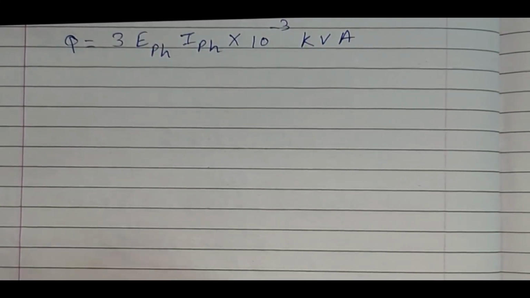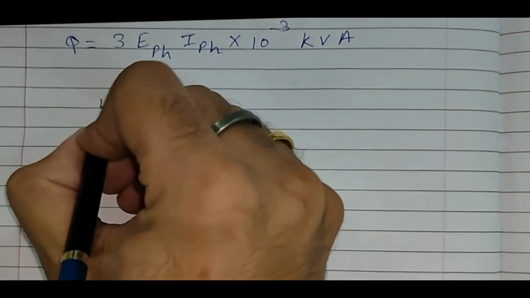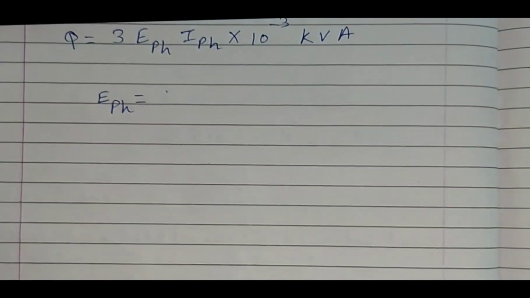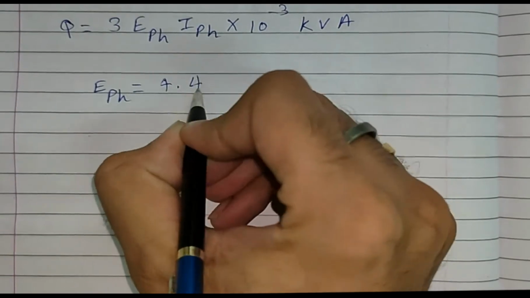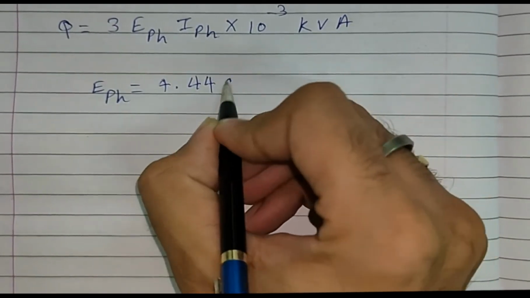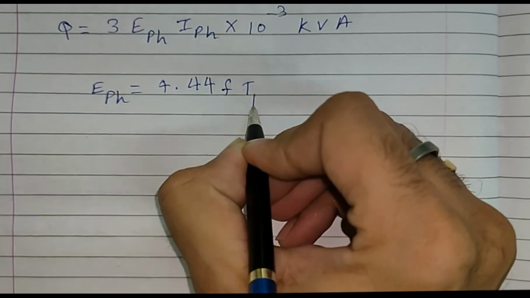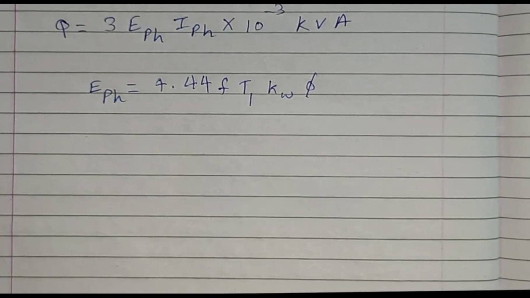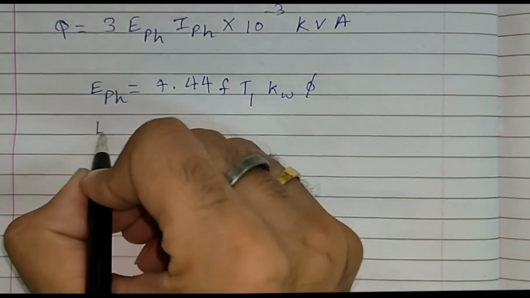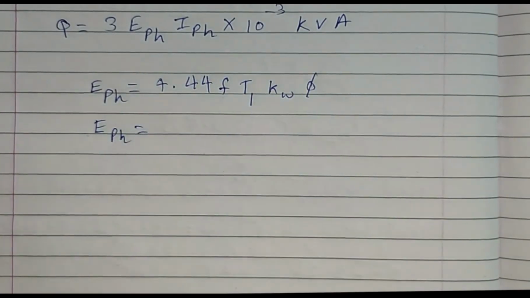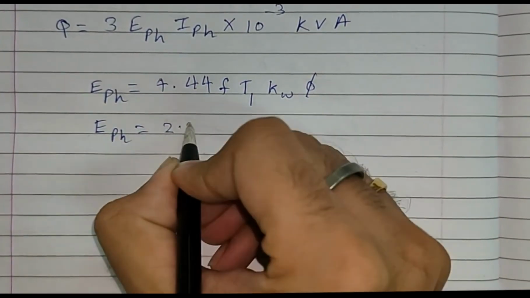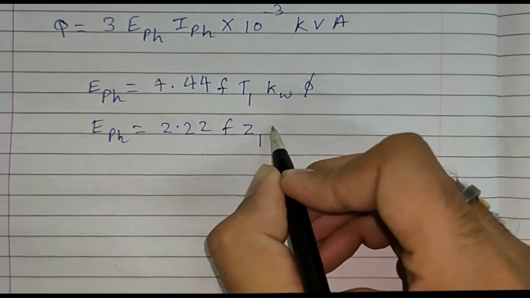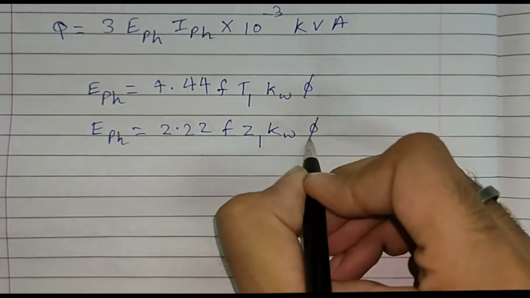Moving ahead, we also know that the formula for EPH can be taken as 4.44 into F into T1 into kW into phi. Now this can further be simplified as 2.22 into F into Z1 into kW into phi.